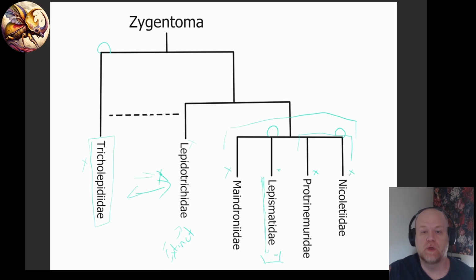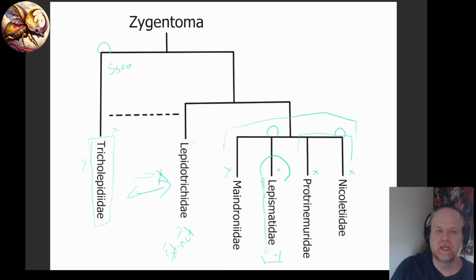So if you're not in one of those very specific environments, or in the rocky terrain of Northern California, everything you're going to be finding is going to be a lepismatid or a silverfish. So, like I said, the tarsi of these Tricholipidian are 5-segmented, and everything else is either 3 or 4-segmented.